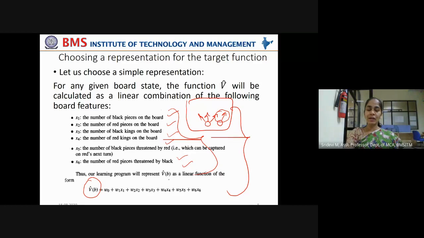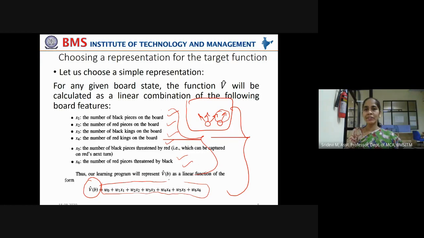Now, for every such target function, how are we representing it? As a linear equation: W0 plus W1x1 plus W2x2 and so on up to W6x6. Why? Because you are considering 6 board features, meaning the number of parameters here is 6.